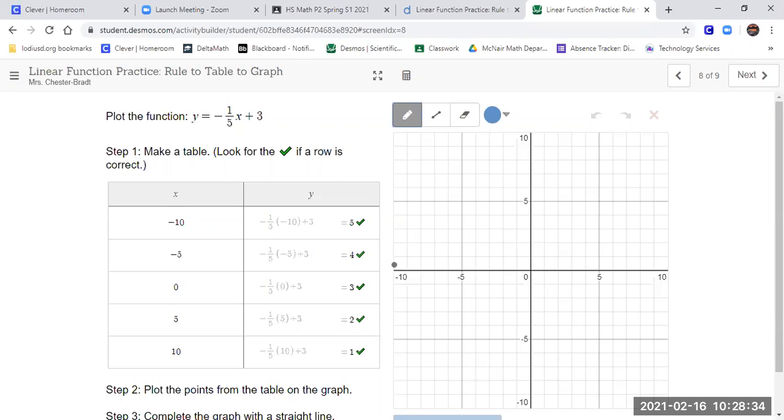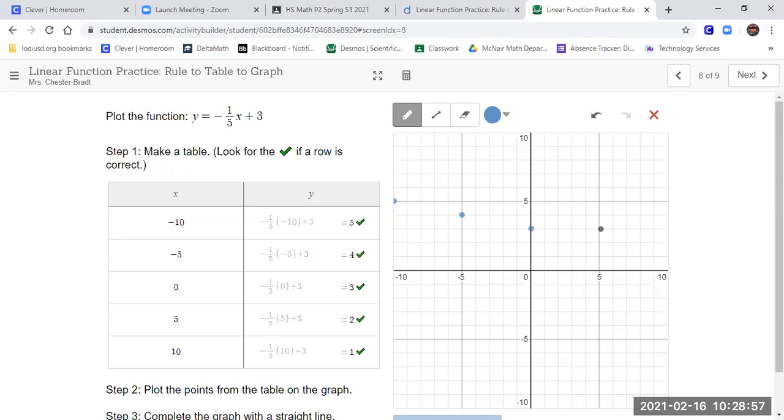Okay, x is -10, y is 5. Nice. X is -5, y is 4. At 0, it's 3.